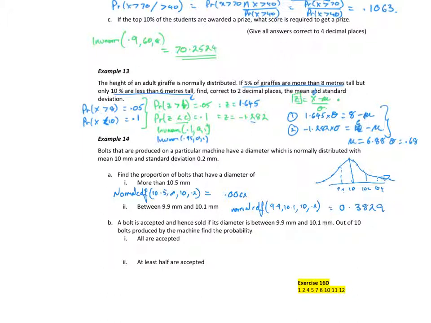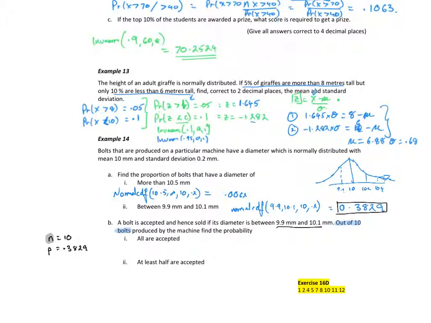Okay, now this kind of question pops up a bit. All of a sudden now, in there, I have 10 trials. So this becomes actually a binomial distribution where I've got 10 trials, and the probability of getting a bolt between 9.9 and 10.1, I've just worked out previously, is 0.3829.